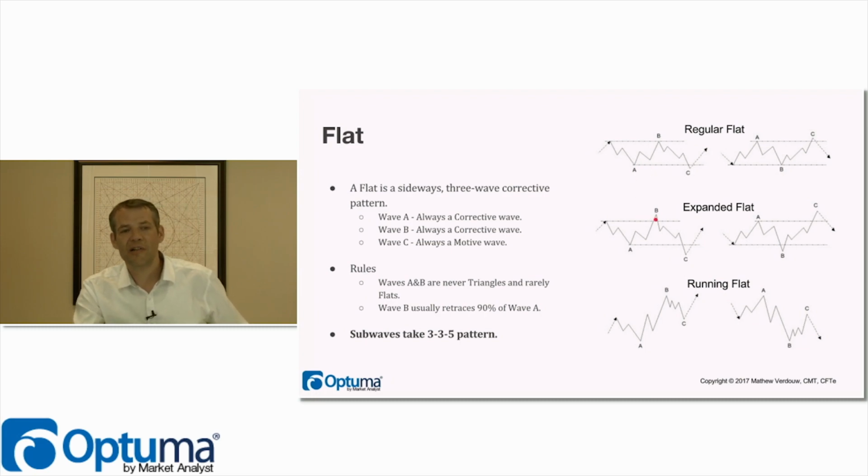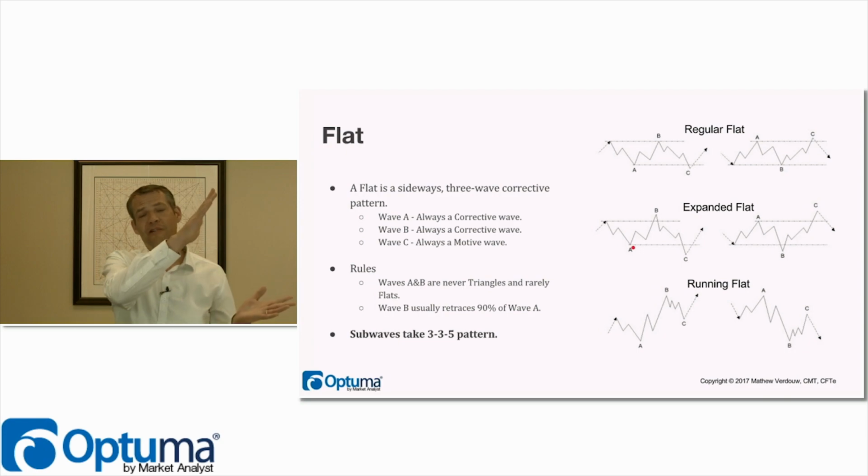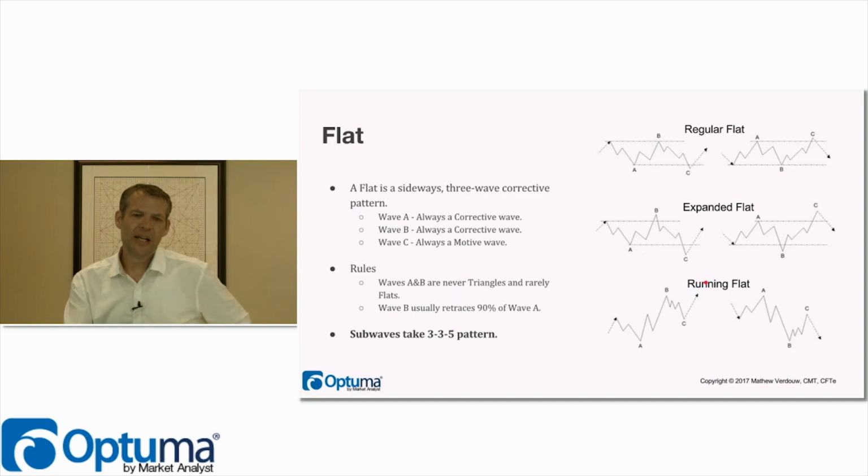Then you've got this idea of an expanded flat, where B actually takes out the end of wave 5 or the beginning of wave A, and C takes out the end of wave A or the beginning of wave B. So that's like an expanded triangle or broadening pattern where it's widening up as well. And then we have what we call our running flat.